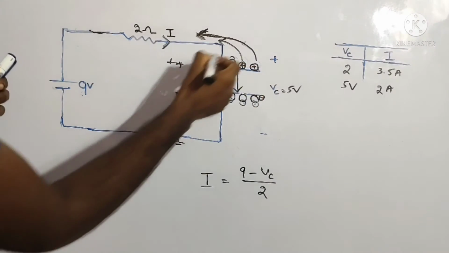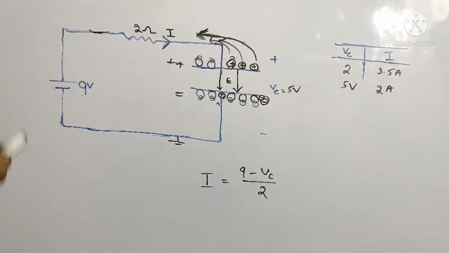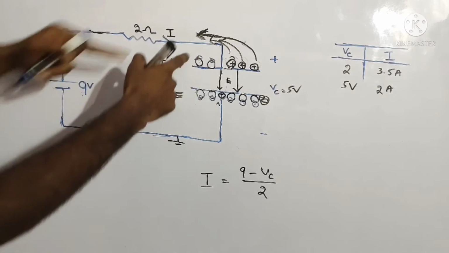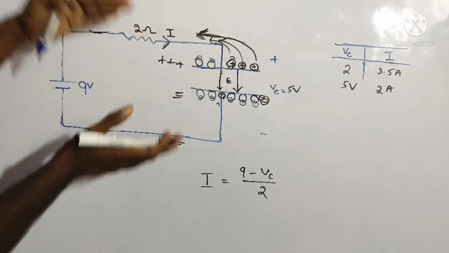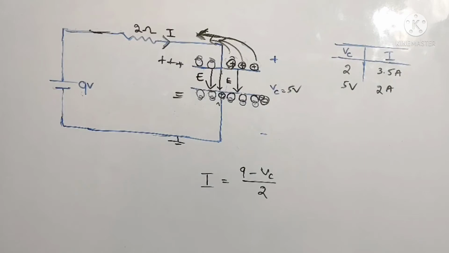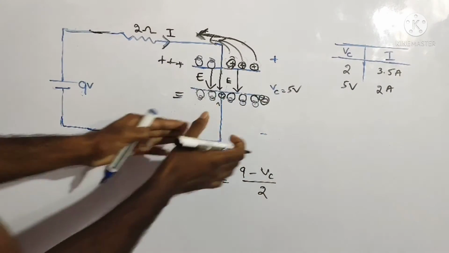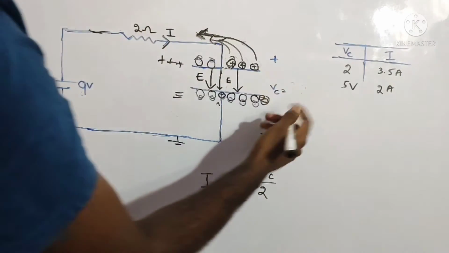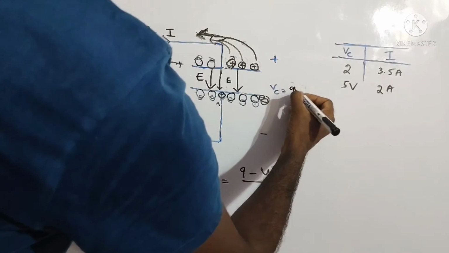It becomes a positive ion, and the electron is accumulated on this side, and again the charge changes. This plate becomes more positive and this plate becomes more negative, so there will be a change in the electric field. You can observe the changing electric field, and because of this the potential increases. So I'm changing the voltage across the capacitor to, let's say, 9 volts.